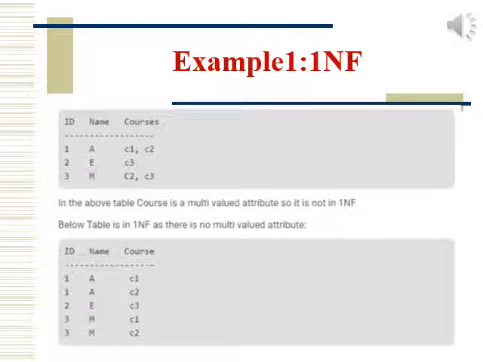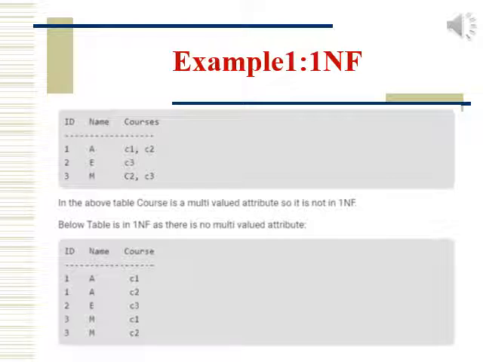Its name also has a single value A, but the courses are C1, C2. So here you could see the same tuple has the attribute course, and inside course there is more than one value, which means it is a multi-valued attribute.